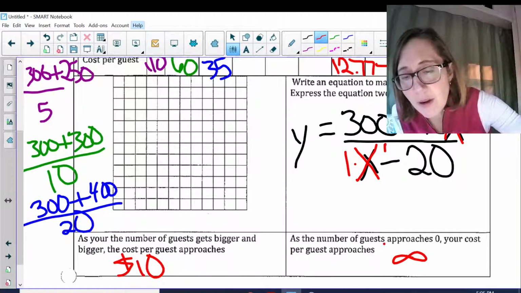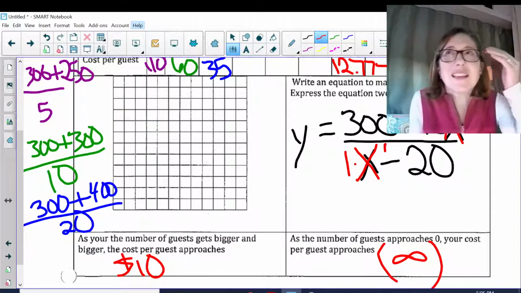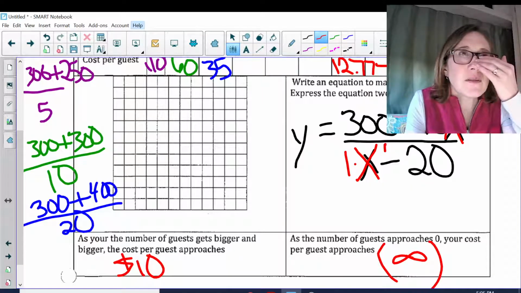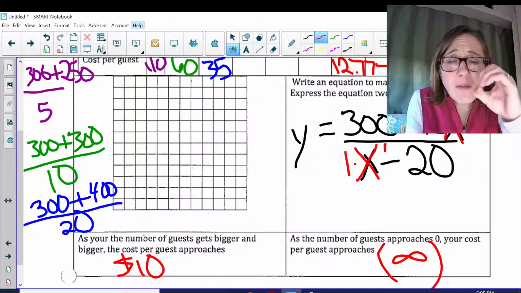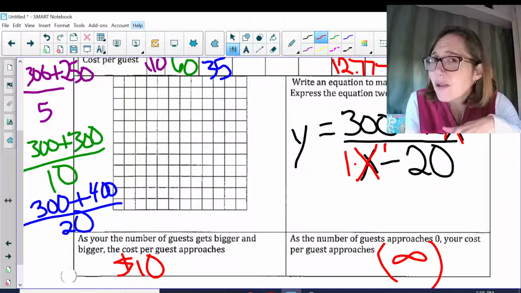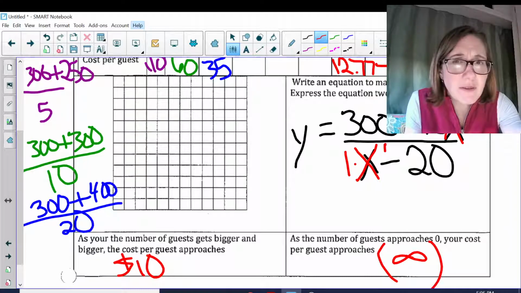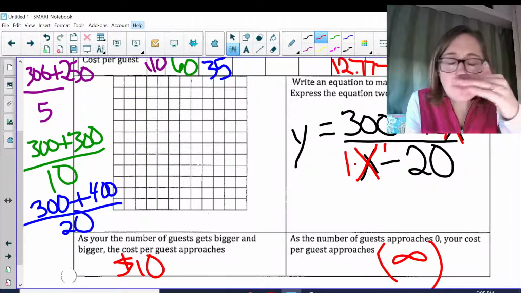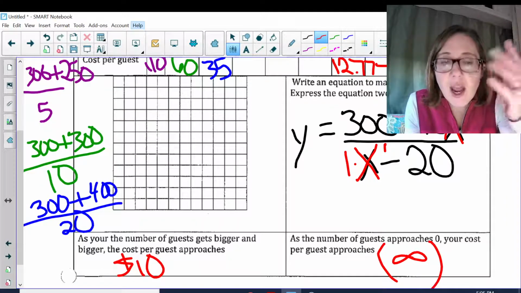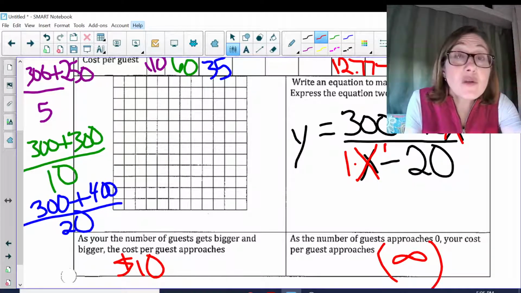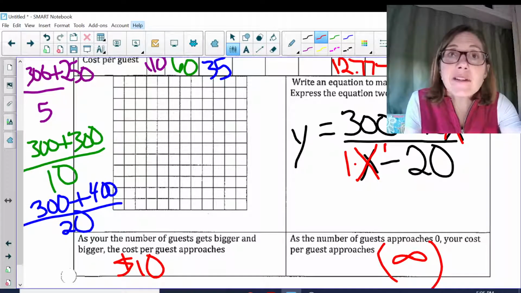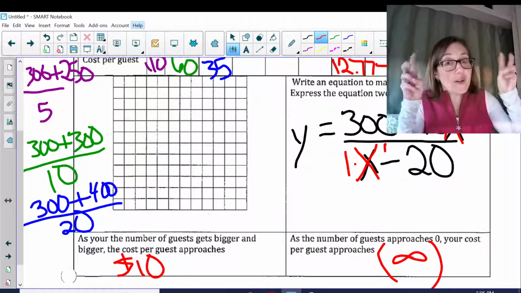So you can put infinity, but it doesn't really make sense to say it's going to cost infinity because it doesn't make sense to say you're going to have 0 people come when you have 20 special guests that were supposed to be free for them. So it's kind of a bad question. I think they should have said as the number of guests approaches 20. What if nobody except for the free people come? Well, then you're going to have issues because nobody's going to say that they're paying because they're all special guests.